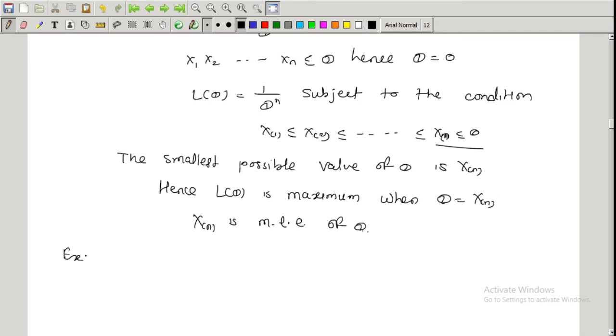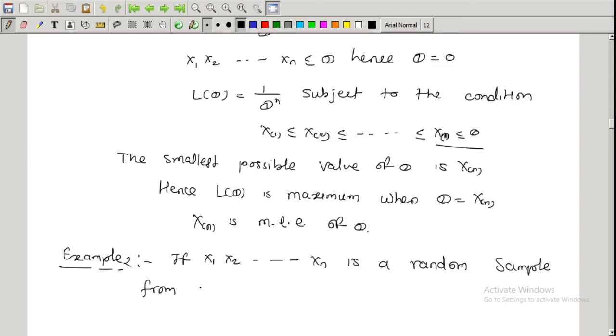Example number 2. If x1, x2 dash up to xn is a random sample from uniform minus theta comma theta, then find maximum likelihood estimator of theta.